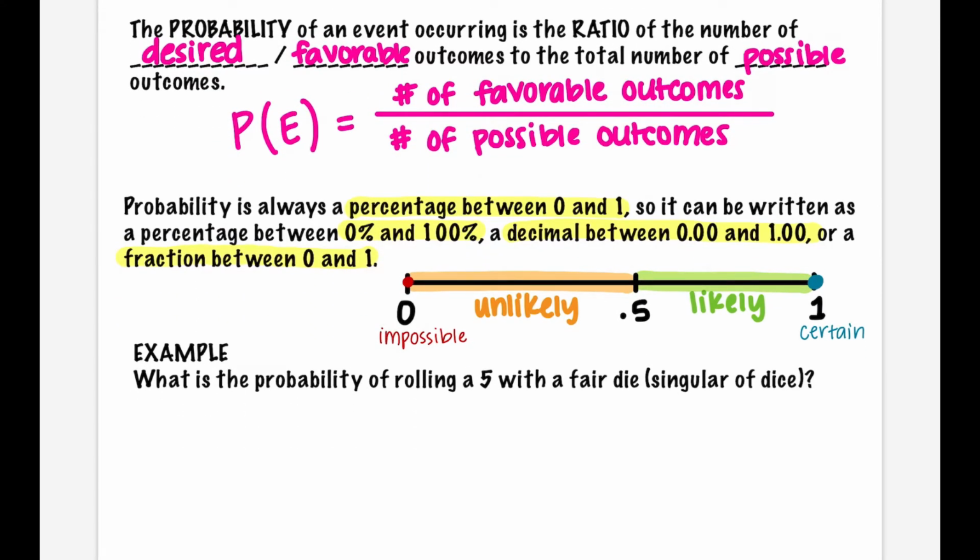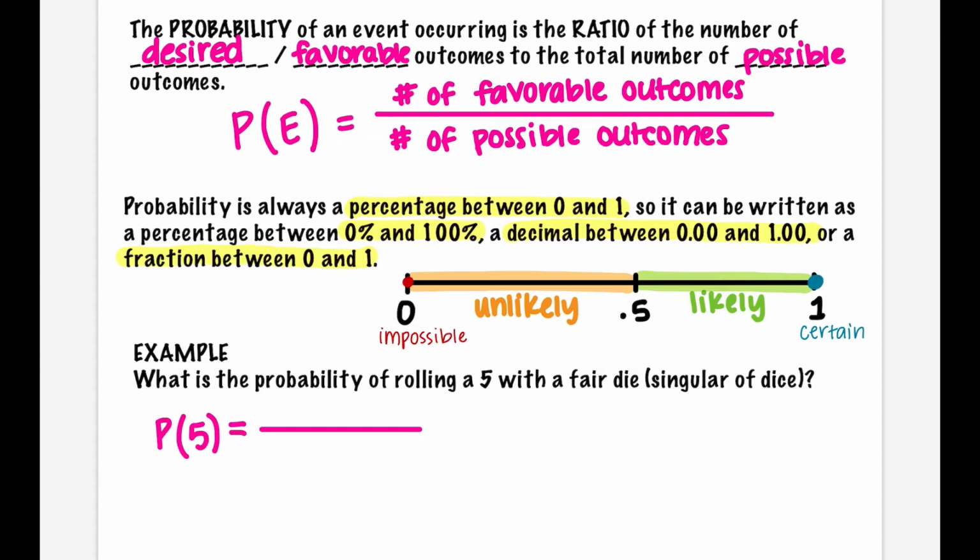Okay, let's do just a quick, easy example. What is the probability of rolling a 5 with a fair die? And the word die, you'll see that come up in probability a lot. It's just a singular form of dice. So the probability of rolling a 5 is equal to the number of favorable outcomes out of the number of possible outcomes.